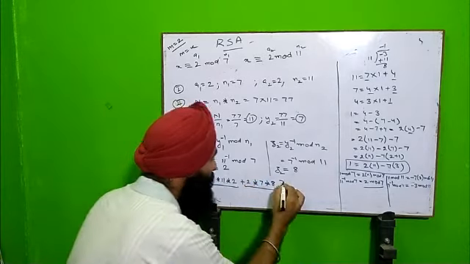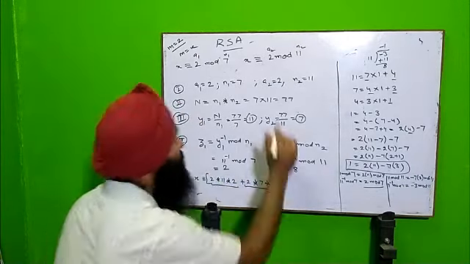So here we will have mod capital N, which is 77.